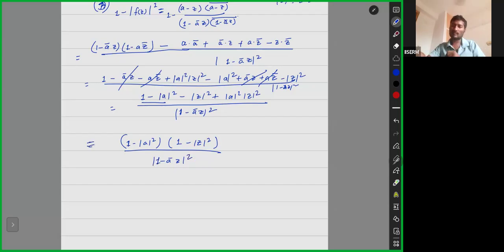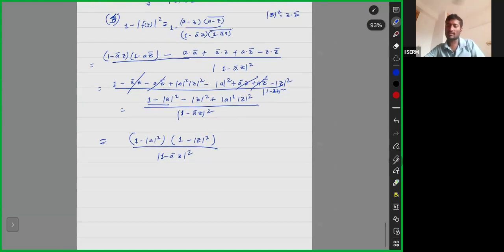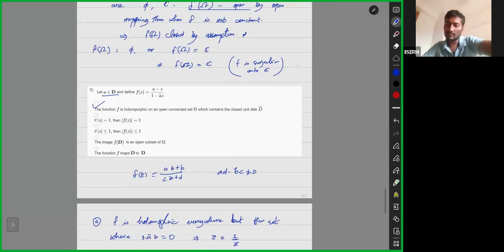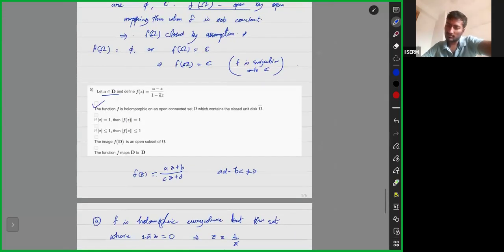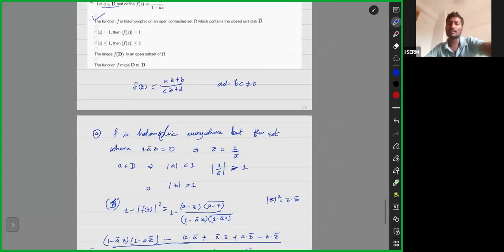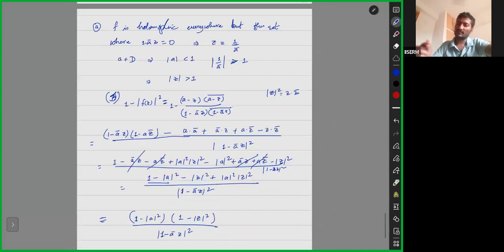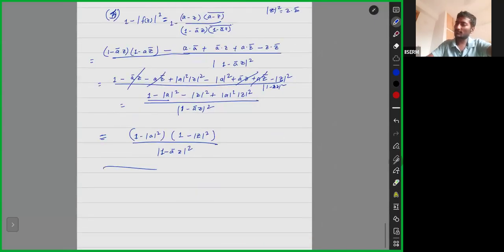Okay, so up till this, where Z belongs, where A belongs. So in the question, now when mod Z is equal to 1, what happens? Up to this calculation, let's say this is our star.